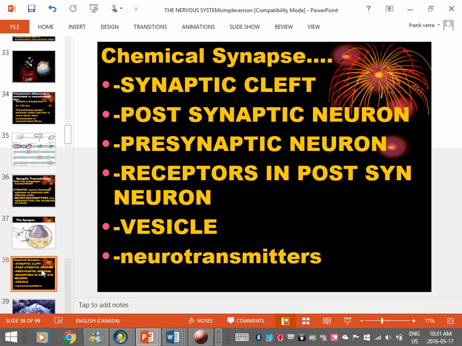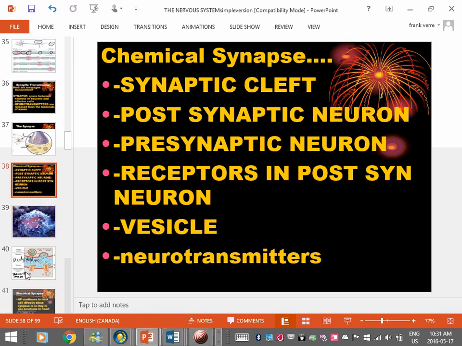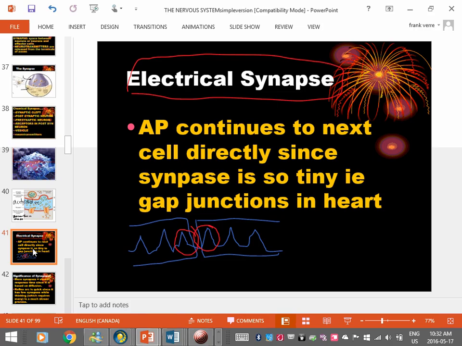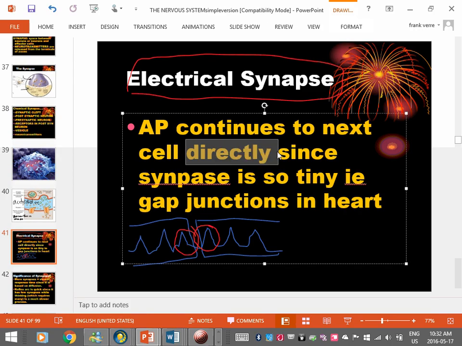Now, we're going to focus on what's called the chemical synapse. There is something called an electrical synapse, where the connection between the two neurons is very tiny, so that the action potential can actually travel directly from one neuron into the next one.